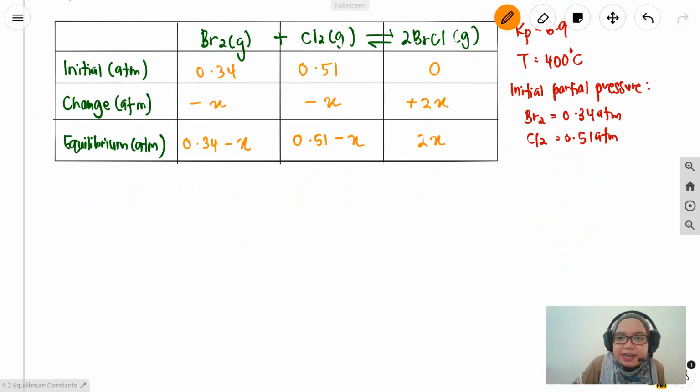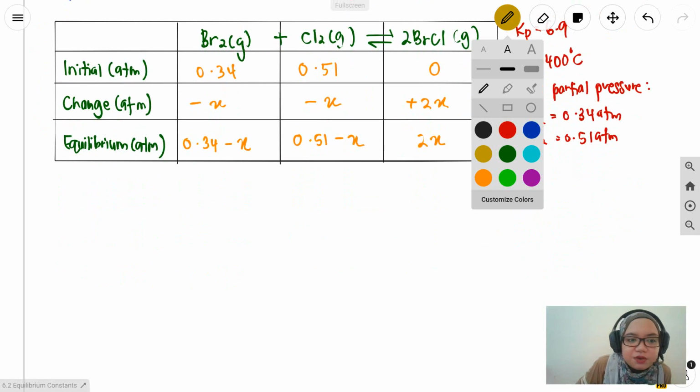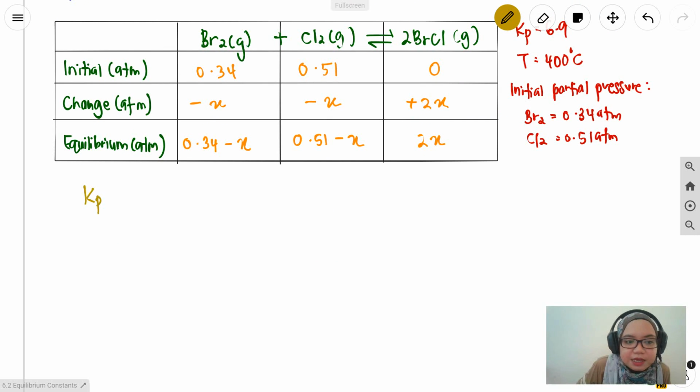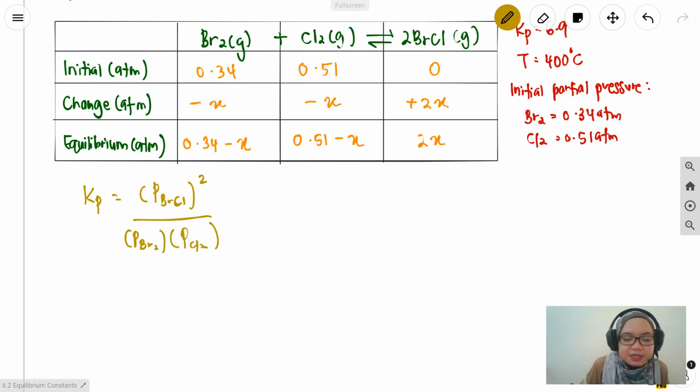So we know that Kp is equals to partial pressure of BrCl squared over partial pressure of bromine gas times partial pressure of chlorine gas. Okay. So we know that the value is 6.9 here, right?